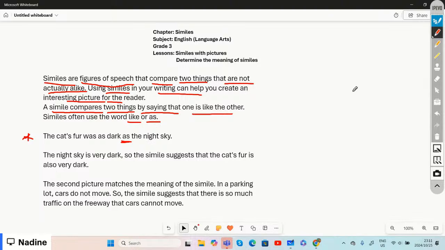That is why we're saying similes or figures of speech compare things that are not alike. But to make it more interesting, we are comparing them. Because now I am comparing these two things by saying one is like the other. It's like putting emphasis on it.